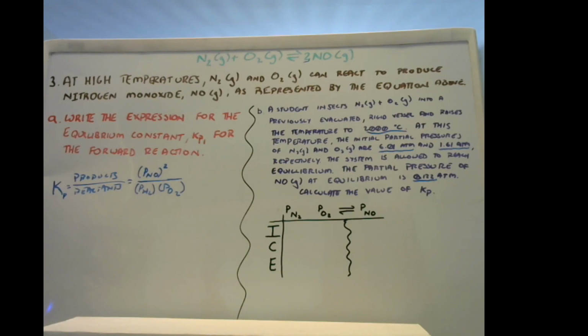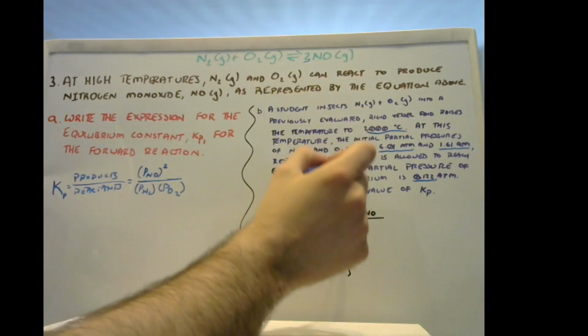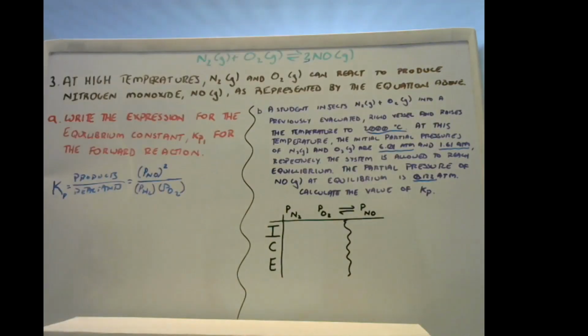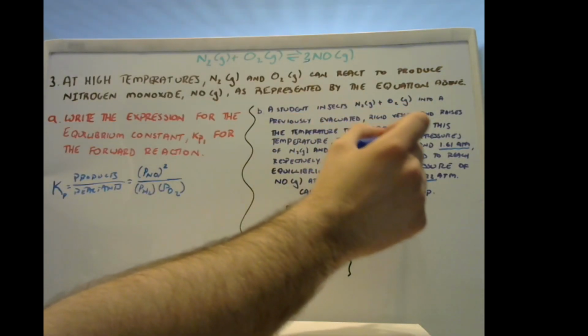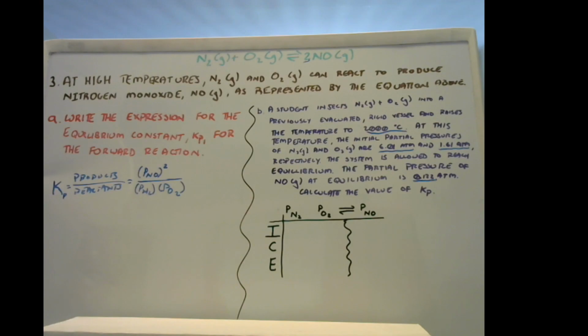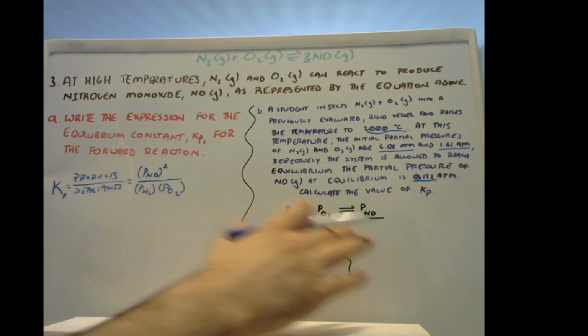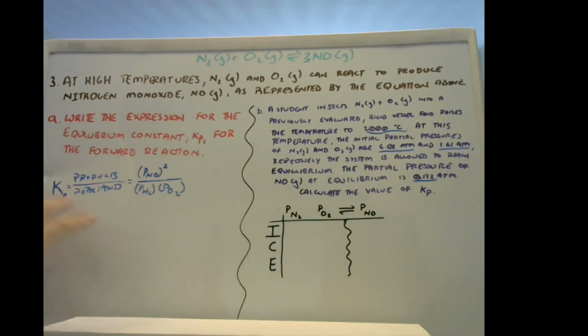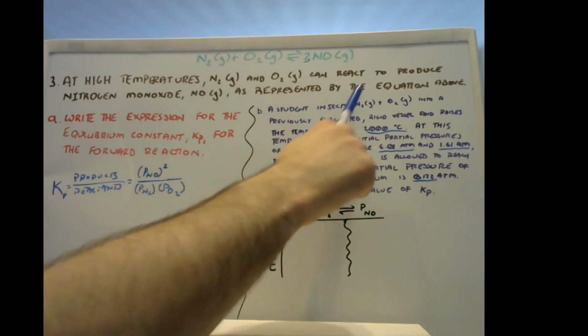Okay. And then I drew an ICE table. Let's talk about why. First things first, it says initial and equilibrium allowed to reach. That's initial, change, equilibrium. And I'm trying to find Kp, which means that I need the values of the pressures to solve for Kp. So let's go ahead and fill in my initial values. It says it injects N2 and O2.